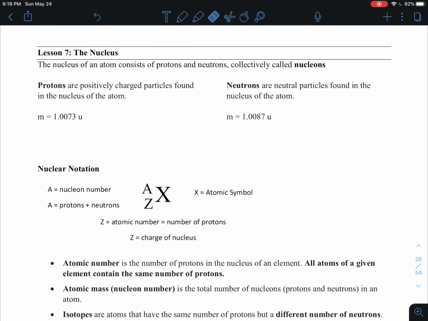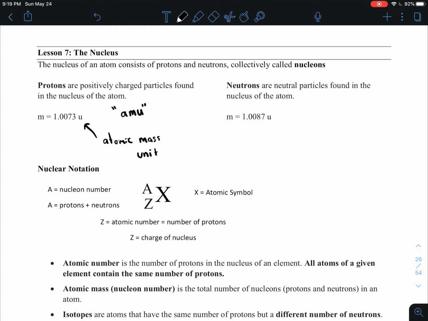If you take a look here, we see that one of them is 1.0073 U, and the other one, neutrons, 1.0087 U. And this U is known as an atomic mass unit. Sometimes you'll see it called AMU for atomic mass unit.